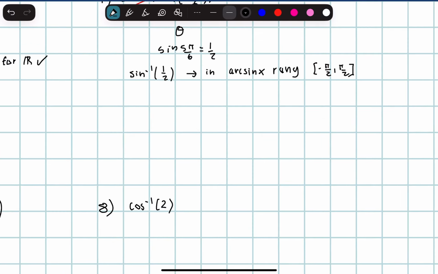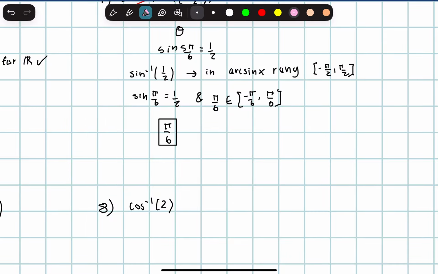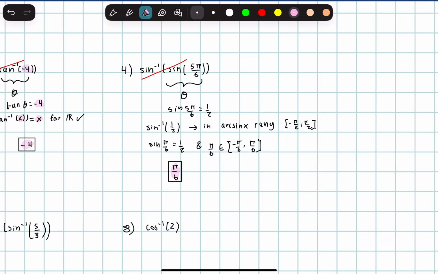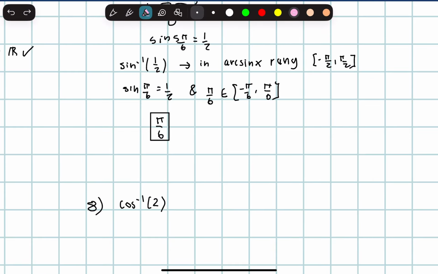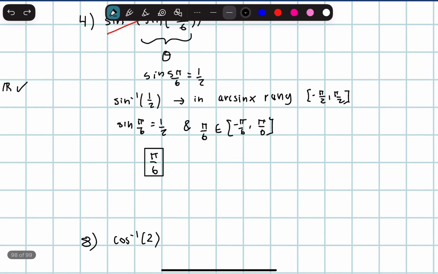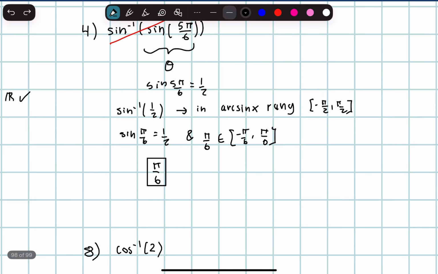And remember that sine of pi over 6 is equal to 1/2, and also that pi over 6 is in negative pi over 2 to pi over 2. So that means, yeah, that's true, that's correct. Alright, it's just pi over 6. It's not 5 pi over 6 because that's actually out of the range.